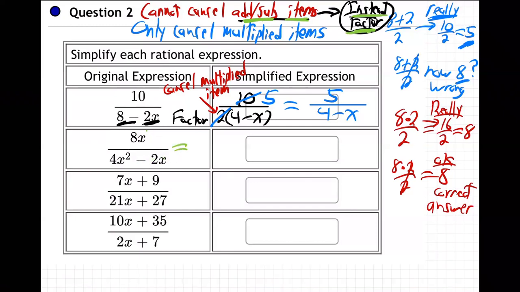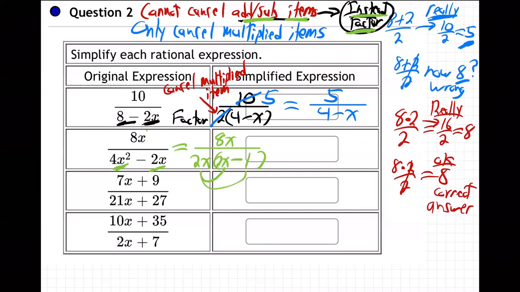So I'm going to say, okay, the top will stay the same. What's happening up there? On the bottom, 4x squared and 2x, what are you going to do? Take out a 2x, right? Because they have 2x in common. And then ask yourself, 2x times what? It's going to be a minus sign. 2x times 2x minus 1.